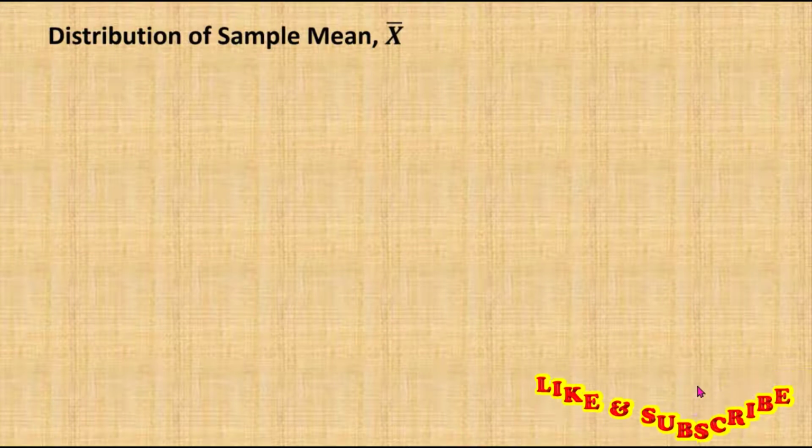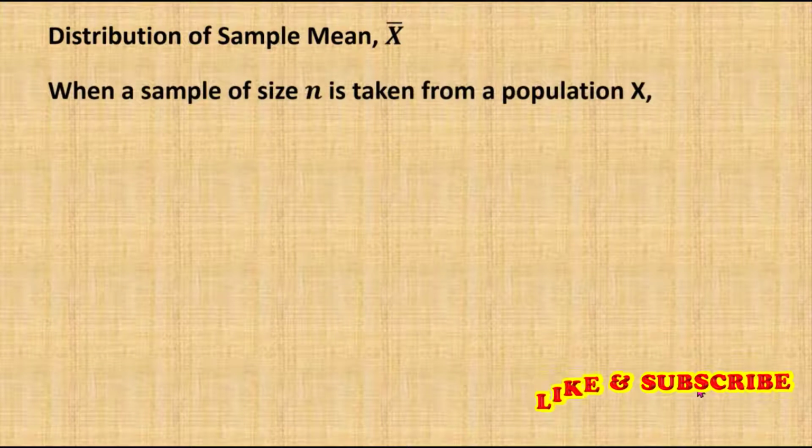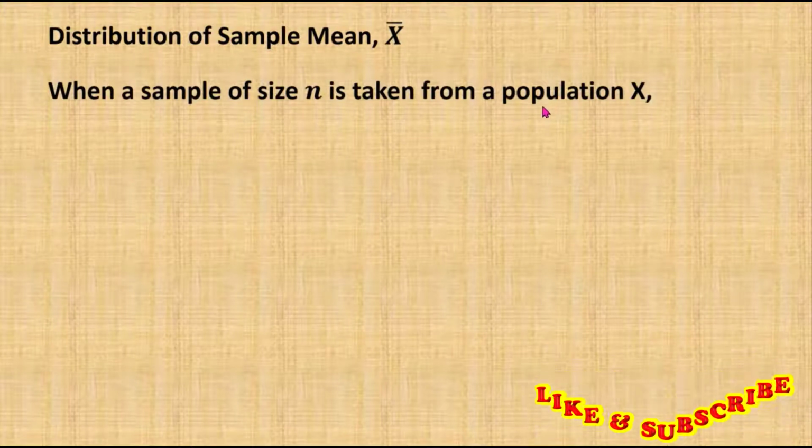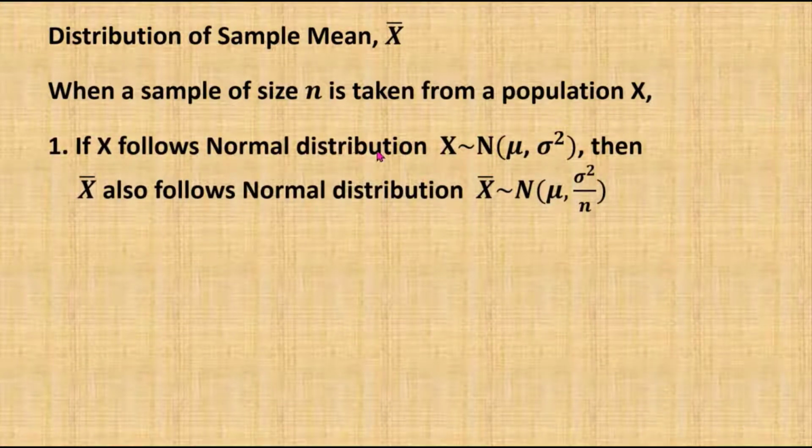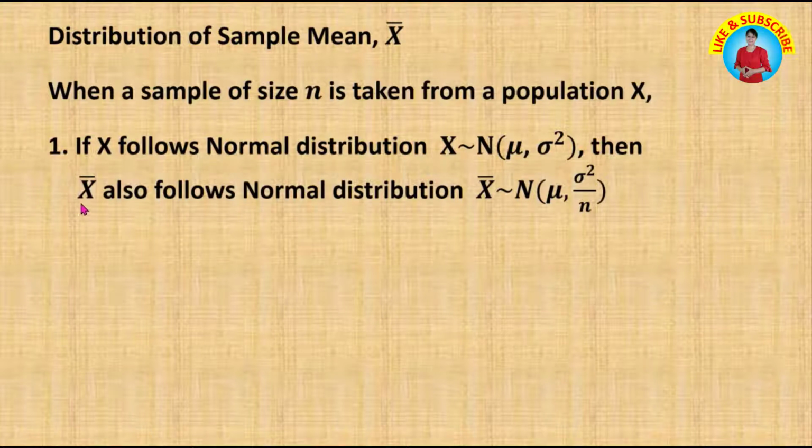Now we are going to discuss the distribution of the sample mean. When a sample of size n is taken from a population X, if X follows a normal distribution with mean mu and variance sigma squared, then the sample mean also follows the normal distribution with the same mean as the population, but the variance is equal to the variance of the population divided by the sample size.